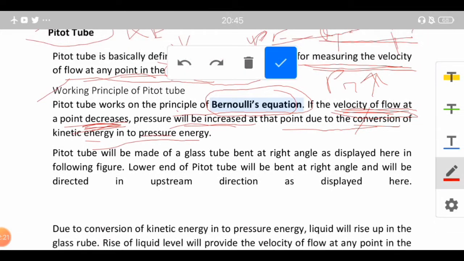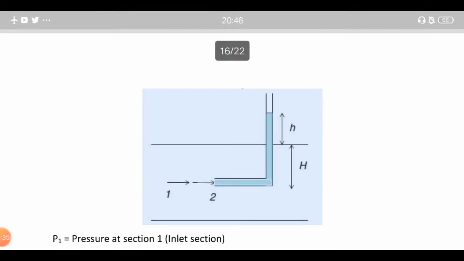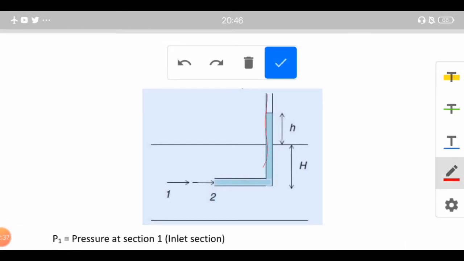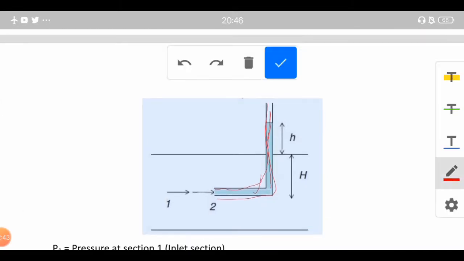Now the pitot tube is made of a glass tube bent at a right angle, as displayed in the figure. We place it here in the water and measure the rise.